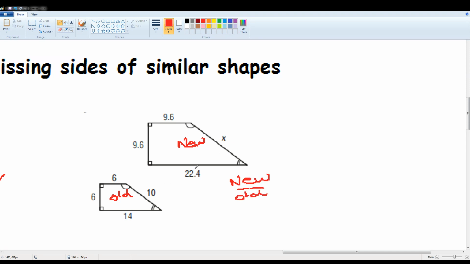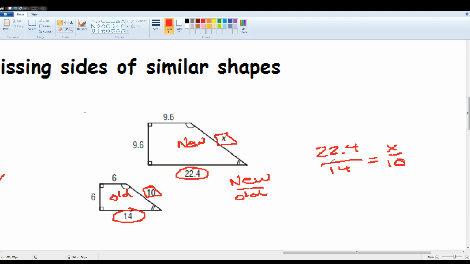So in this case, the matching side, 22.4, is 14. So I'm going to write 22.4 over 14 equals x over 10, since the matching side of x matches with the side 10.